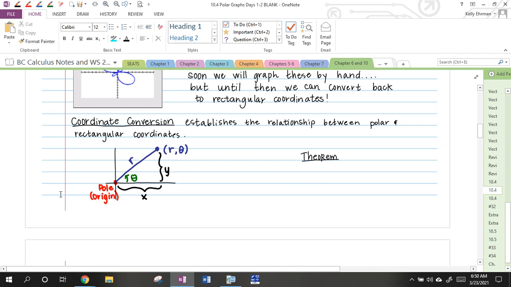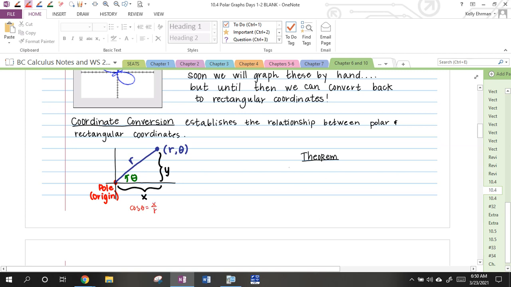Okay, so if we look at this as a little right triangle, let's suppose that this r theta is a point on my polar curve, or it's a polar coordinate. I can say, well, there's an x component and a y component to that. And if I use trig to solve for x, we kind of did this with parametrics, right? Cosine of theta equals x over r.